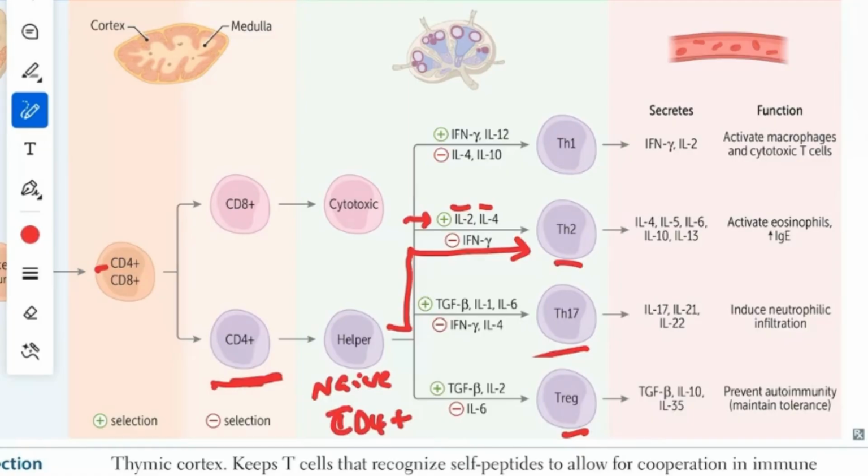Now, this Th2 cell is very important in allergies and hypersensitivity reactions.